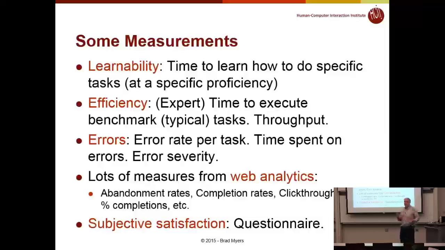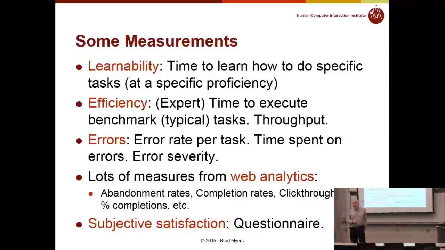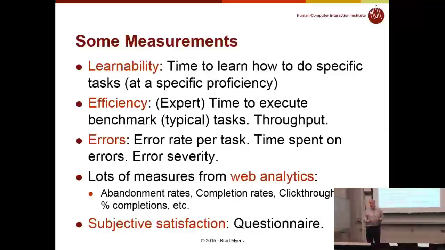And then obviously the measures are things like the time to complete tasks, the number of tasks you can do in a fixed amount of time, the number of tasks you can do correctly. For some tasks, you can measure the quality of the results. So if they're trying to do some sort of creative task, then you may have a measure of quality.